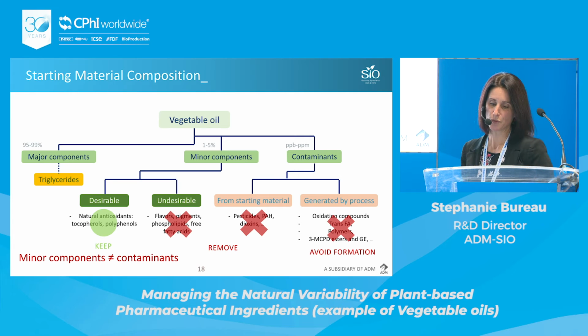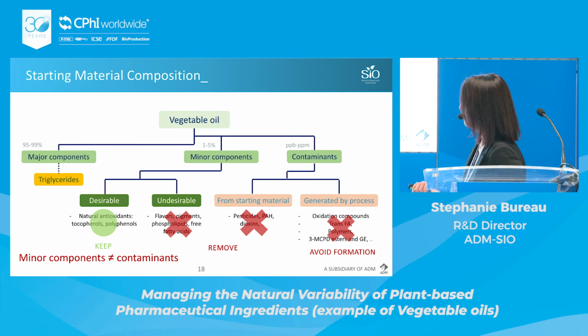Before the purification process, crude or virgin oil contains a lot of different compounds. Triglycerides are the major components, and they represent the large majority of the vegetable oil composition, with more than 95%. And the oil can also contain little amounts of diglycerides and monoglycerides.